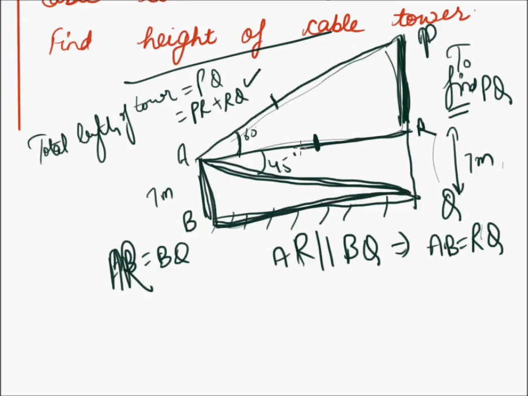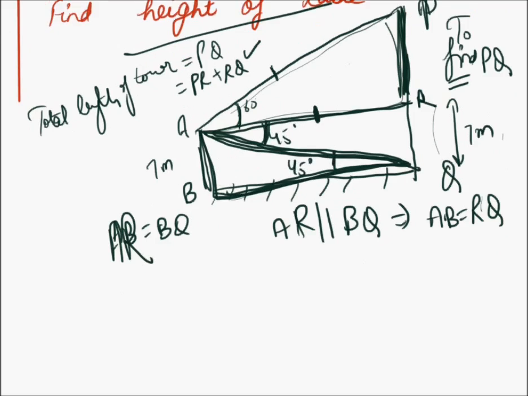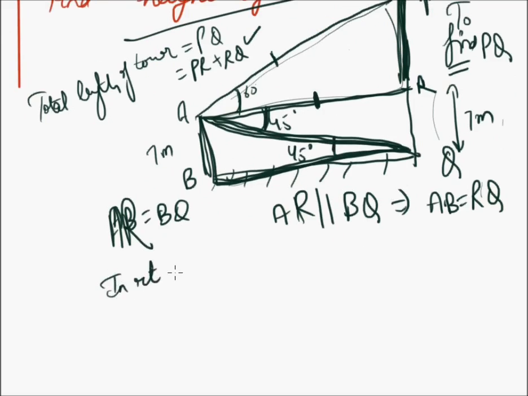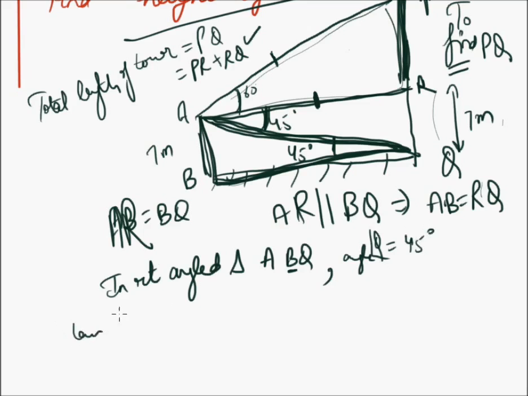Friends, in this Z-like alternate triangle pattern, if it is 45 degree, then by alternate angle theorem this will also be 45 degree. So in right angled triangle ABQ, right angled at B, and angle of elevation at Q as 45 degree, we know this height and we have to calculate the base. So we'll be using the tangent again, the tangent trigonometric ratio.